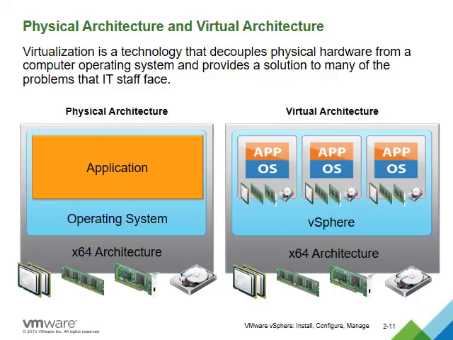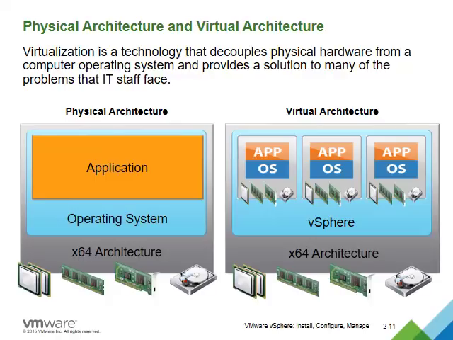Your physical architecture and your virtual architecture, basically virtualization, is a technology that decouples your physical hardware from a computer OS and provides a solution to many of the problems that your IT staff would face either presently or in the future. So this slide shows the differences between a virtualized and a non-virtualized host.